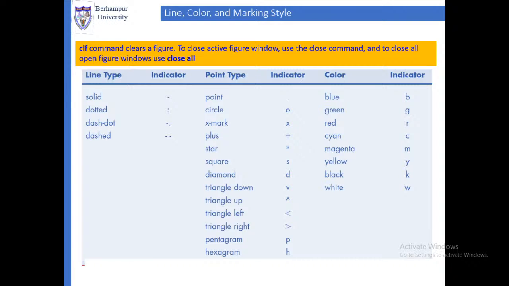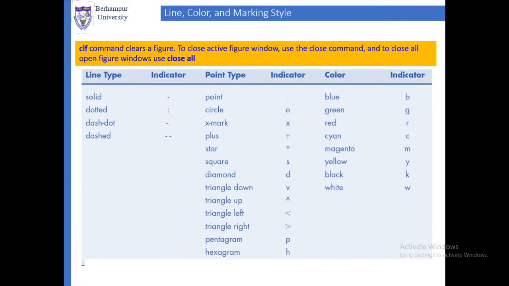Now before that, let me tell you what is the CLF command. As you know, we have discussed about CLC command. CLC command clears the command window. Similarly, CLF command clears the figure. If there is a figure, the moment you give CLF command, that figure will be cleared. So to close an active figure window, you can use the close command, and to close all open figure windows, you can use close all command.